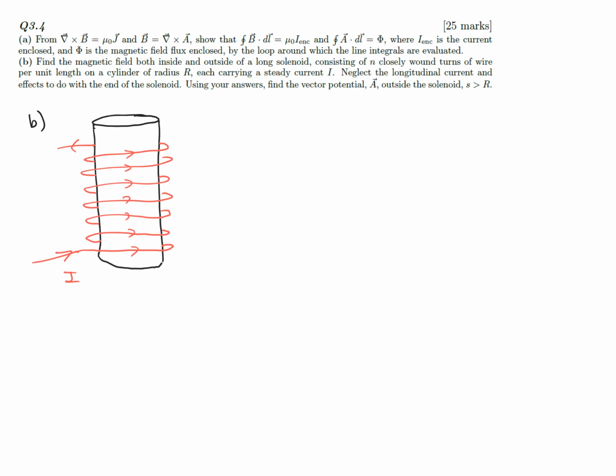is very straightforward. First of all, we'll consider an Amperian loop outside of the solenoid. That's situation number one.